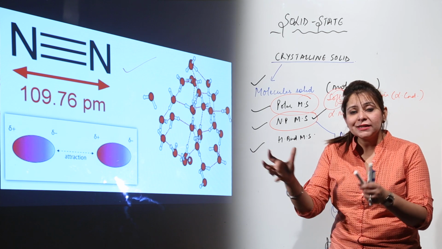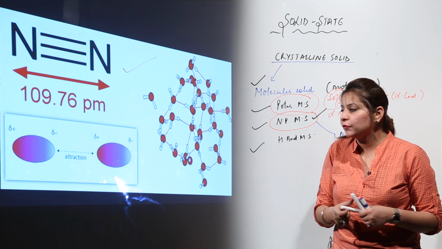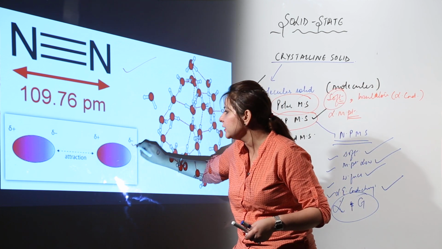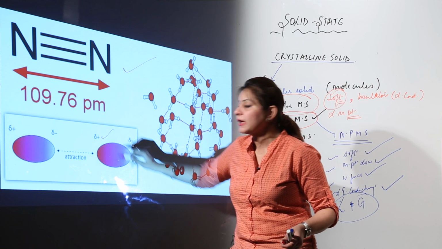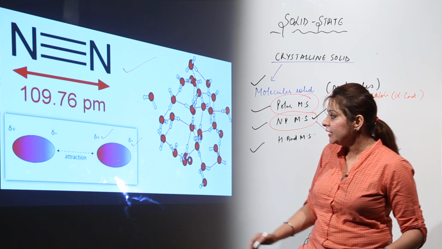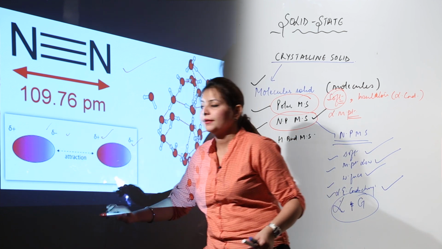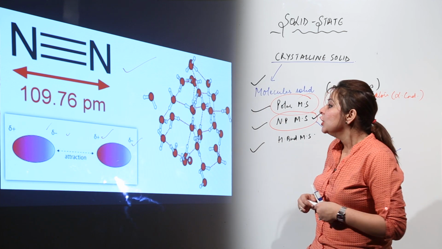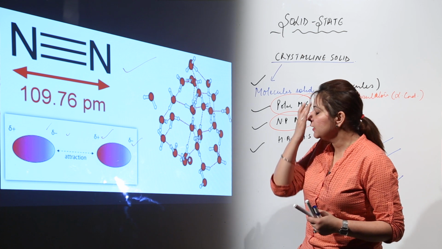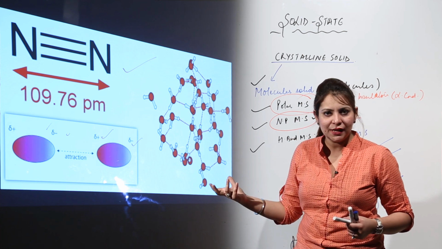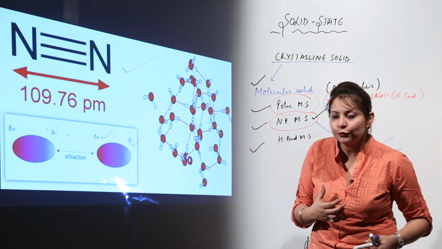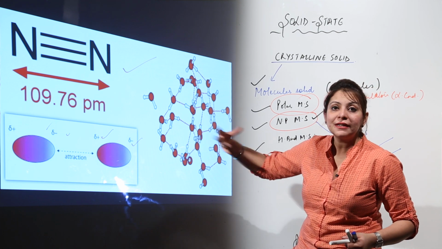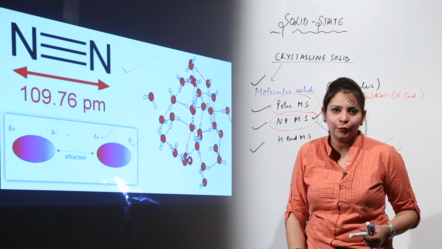The one which has more electron density toward itself acquires a partial negative charge, and the one which is deprived has a partial positive charge, as you can see here and in this molecule also. So what kind of force will they possess? Obviously they are going to possess the dipole-dipole force. This is a more attractive force if we compare it with the non-polar one.